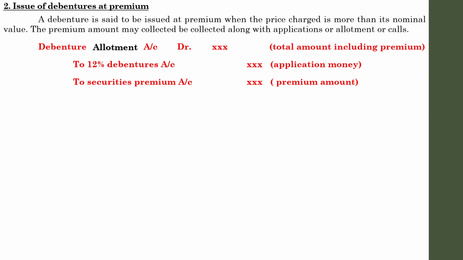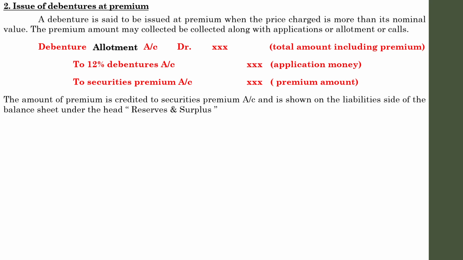If it is collected at the time of first call or second call, likewise it will be shown as debenture first call or second call. The premium amount is credited to security premium account and is shown on the liability side of the balance sheet under the head reserves and surplus. We have discussed this concept and done some of the cases relating to this in the issue of shares module.